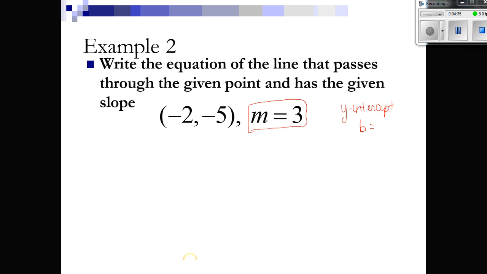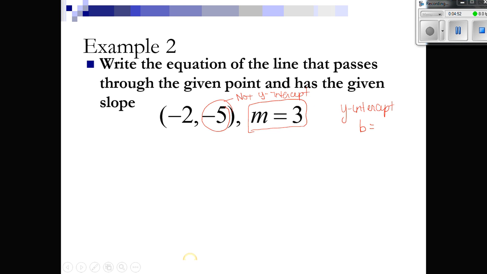Now, this is where lots of students get confused, and they say, well, -5 is my y-intercept. No, -5 is not your y-intercept.